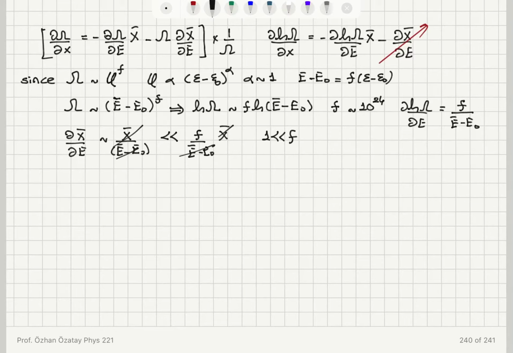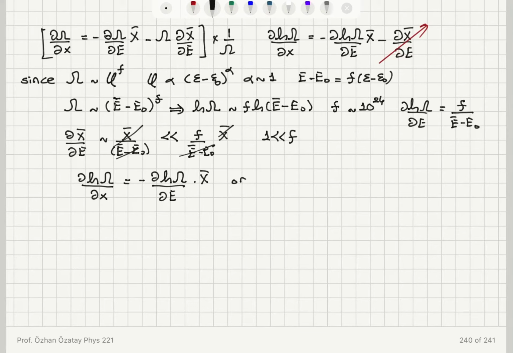So the derivative of the natural logarithm of omega with respect to the external parameter x is, to a good approximation, minus the derivative of the natural logarithm of omega with respect to energy multiplied by x bar.